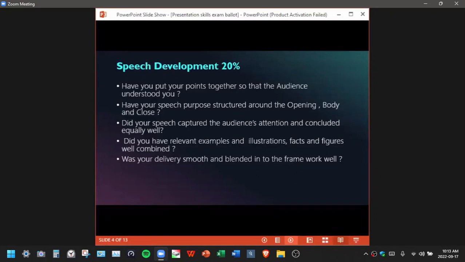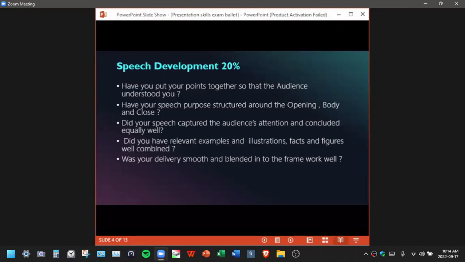And the examples you bring to your presentation, it can be stories, it can be statistical information, and how relevant those are for the presentation, and whether you have a smooth delivery in terms of the structure with some nice transitions throughout the presentation.